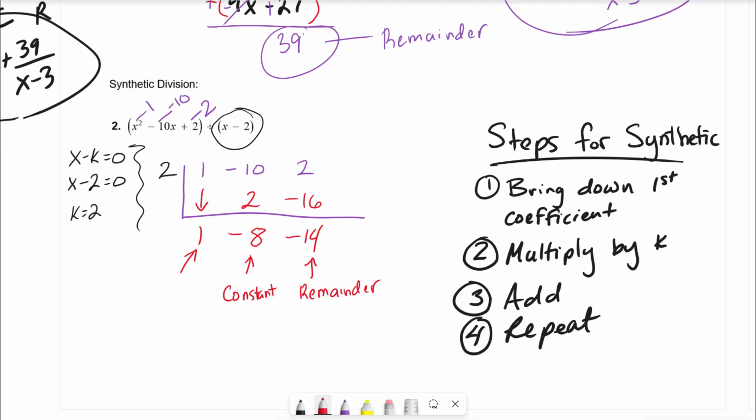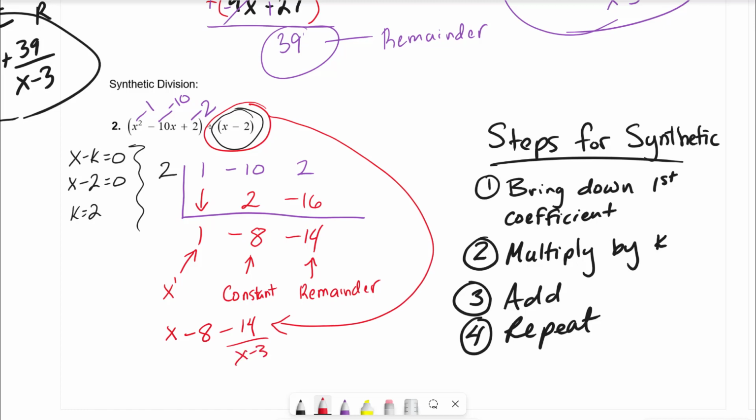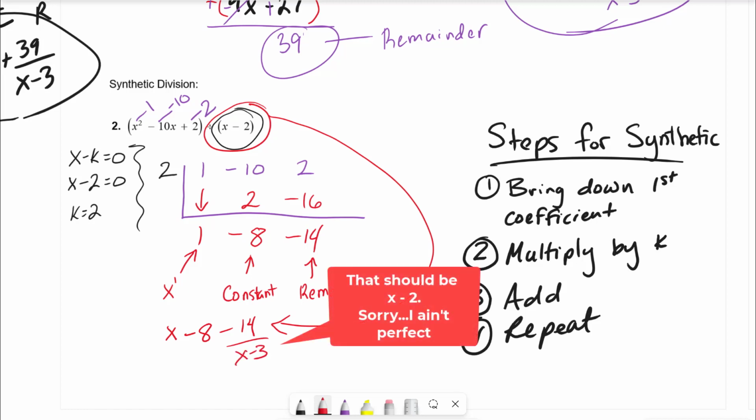In this case, we only have one term, so that's going to be an x to the first power. All of these are just coefficients to each one of these. So that means we have one x to the first power, which we can just write as x, a constant minus 8, and then our remainder minus 14. But remember, our remainder should always be written as being divided by the divisor. And this is our solution. And that's it.